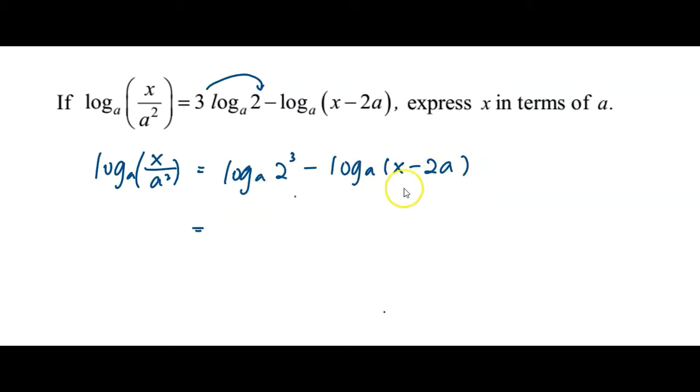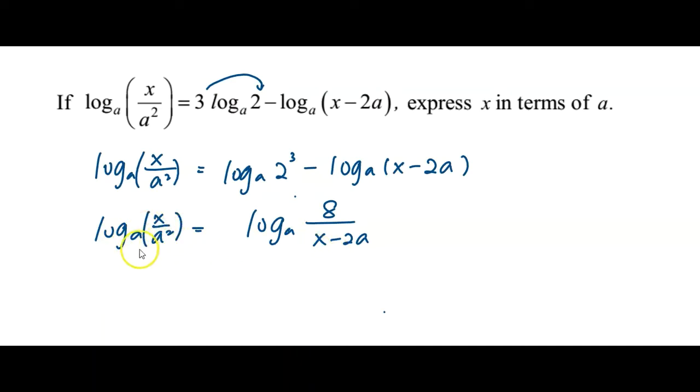Then we're going to combine these two terms together. Because of the minus operation here, we take 2 power of 3, which is equivalent to 8, divided by x minus 2a. This is according to the second law of log. And the left-hand side, just copy it down.